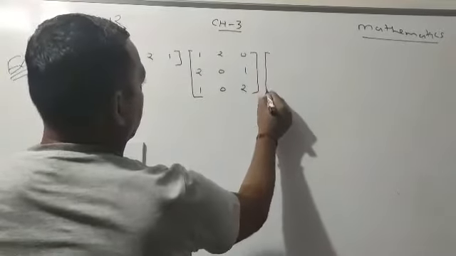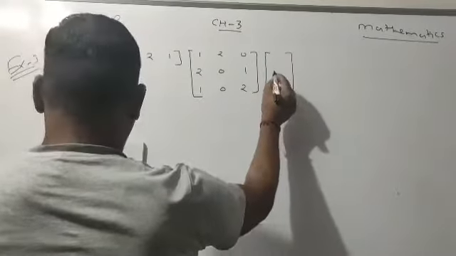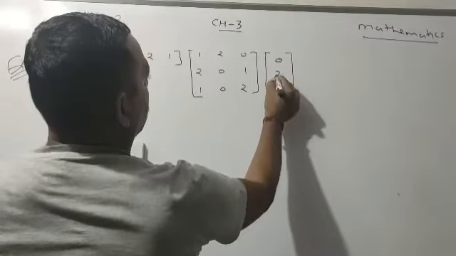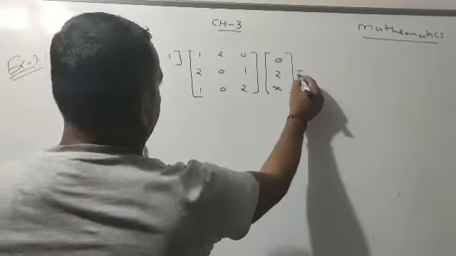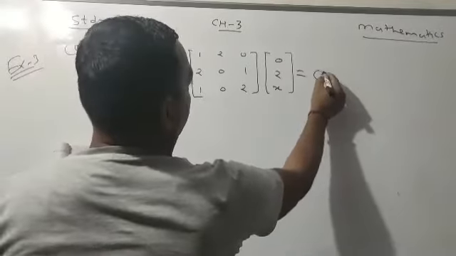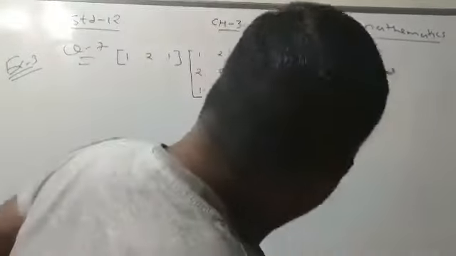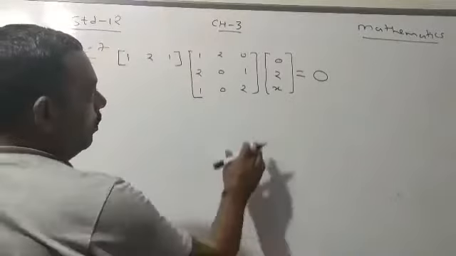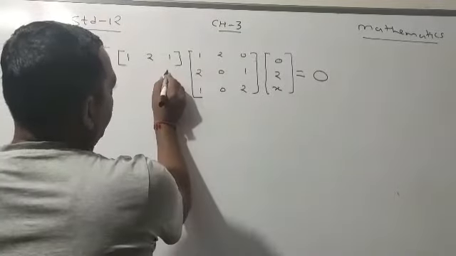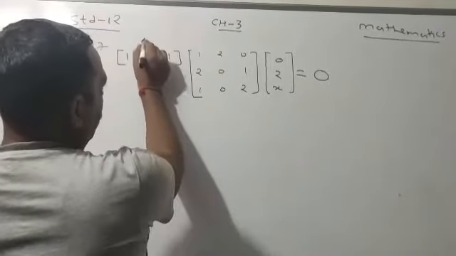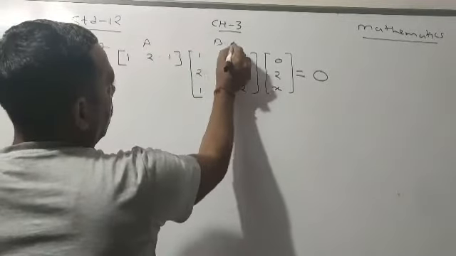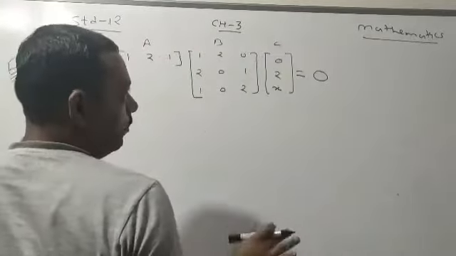And the last one is 0, 2, x, and it is equal to 0. This 0 is a matrix, the 0 matrix. Now we want to find the value of x. First of all, I will give names to the matrices for my convenience: first matrix A, second B, and third C.